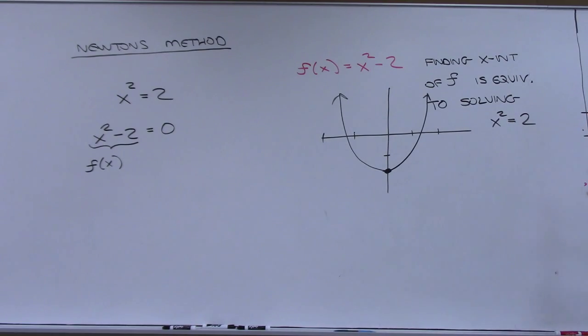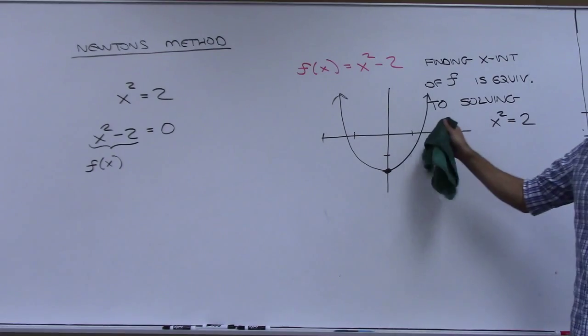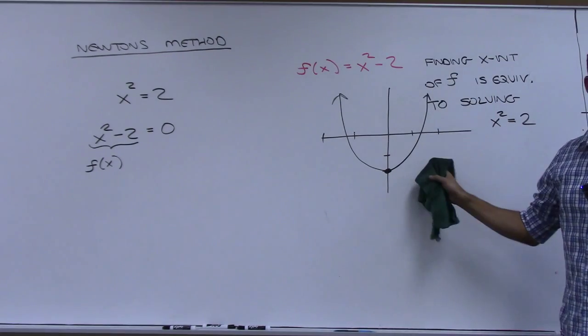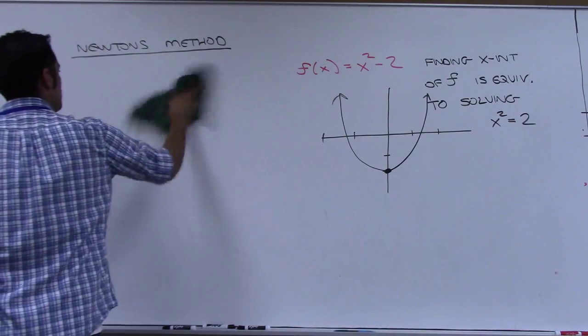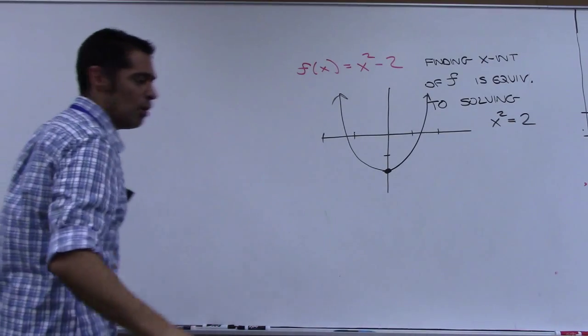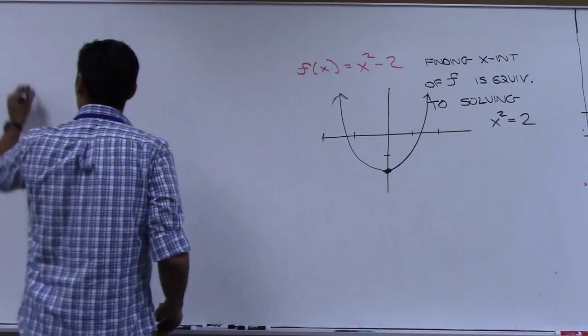Okay. Now, how does Newton's method work? I just want you to see the setup, at least, the beginning of this. We are interested in the x-intercepts of a function. So what I'm going to do now is blow that picture up.